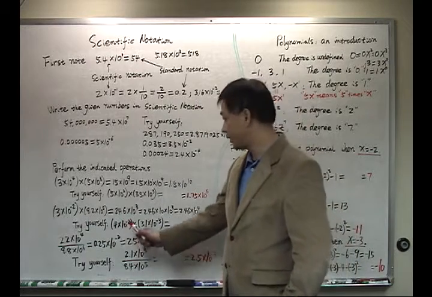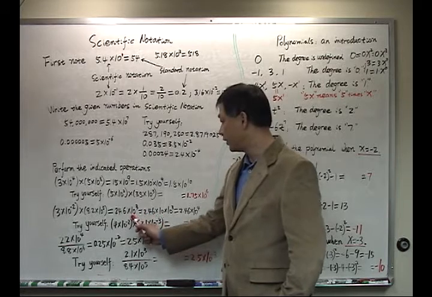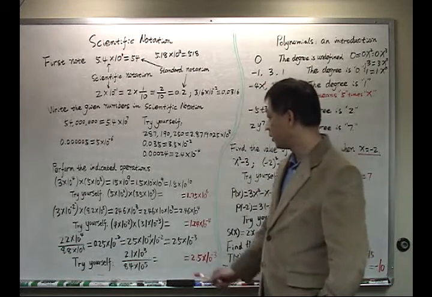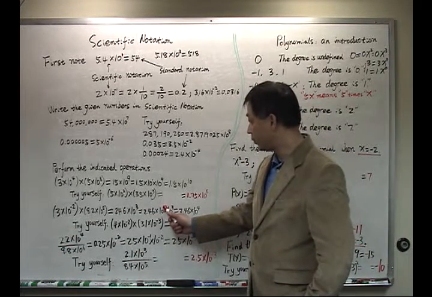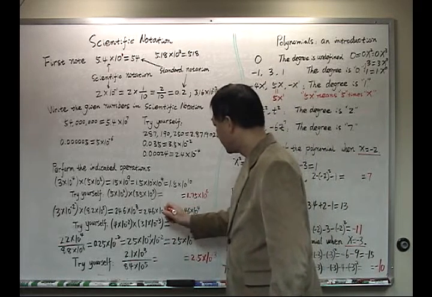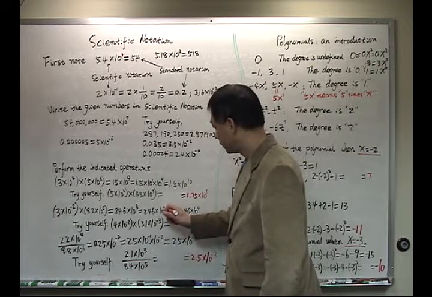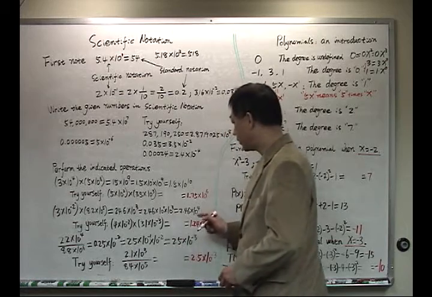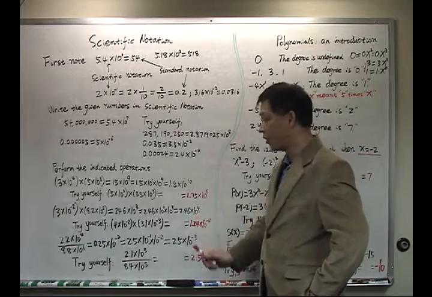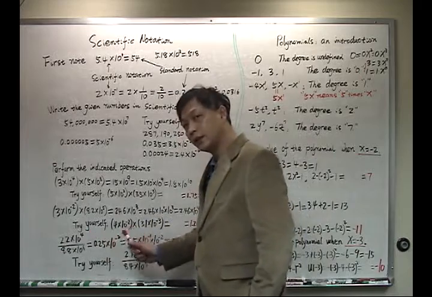You can then write 24.6 as 2.46 times 10, and then times 10 cubed. So here again there is 1 upstairs. You can write 1 as the exponent. 1 plus 3 gives us 4. So that's 2.46 times 10 to the 4th.